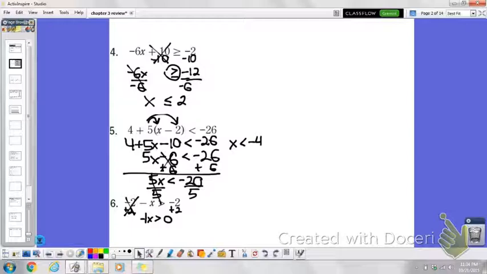So to get rid of that negative 1, I have to divide both sides by negative 1. Since I'm dividing by a negative number, my greater than becomes a less than. Negative 1 on the left cancel out. I'm left with x is less than 0 divided by negative 1, which is just 0. So my final answer is x is less than 0.